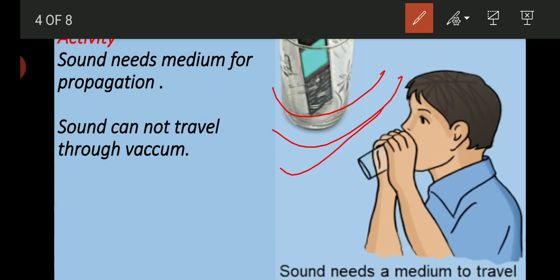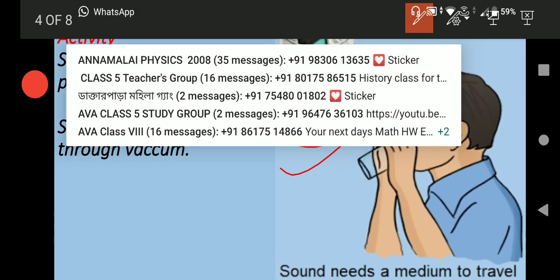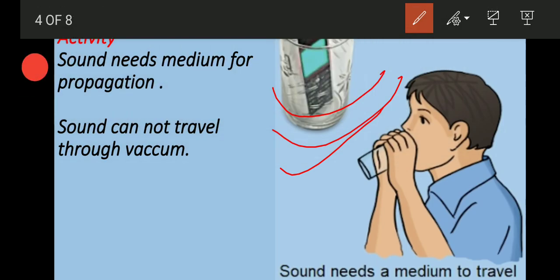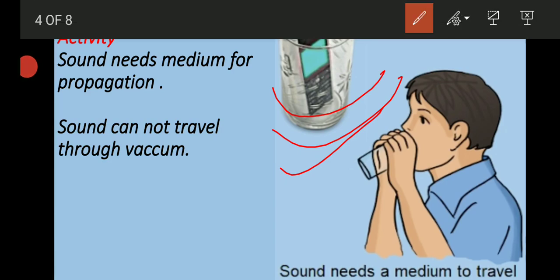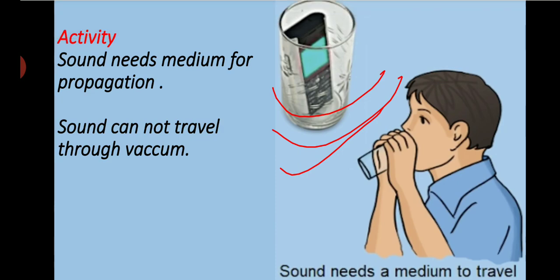That means the sound energy that comes out after sucking the air will be less. The loudness will be less, which means the intensity or energy will also be less. This proves that sound needs a medium for propagation.